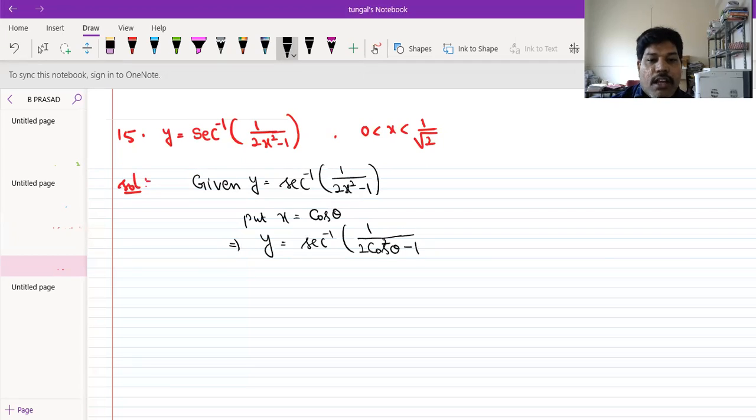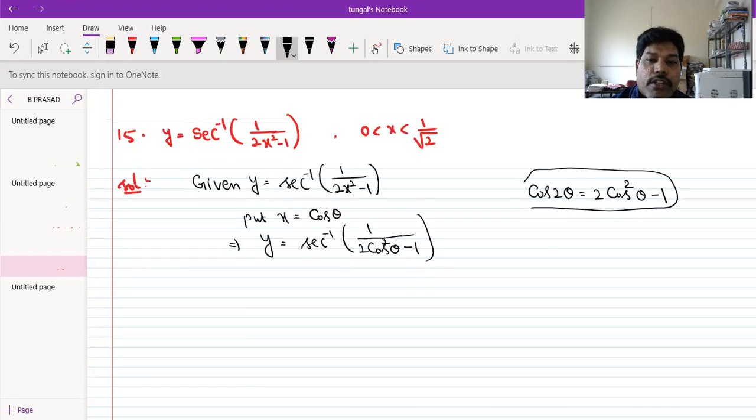Why? Because 1 by 2x square minus 1 becomes 2 cos square theta minus 1. What is the cos 2 theta formula? We have a number of formulas, but the present one we are going to use is that 2 cos square theta minus 1 is cos 2 theta.